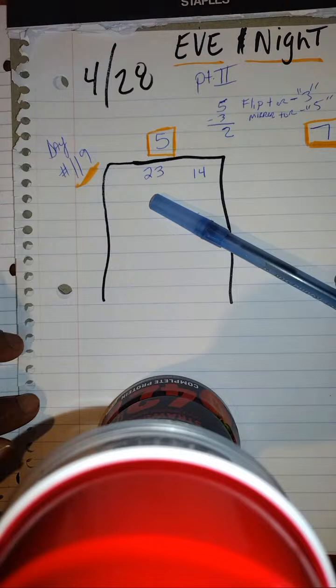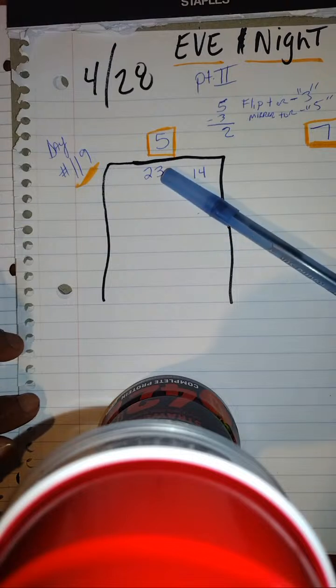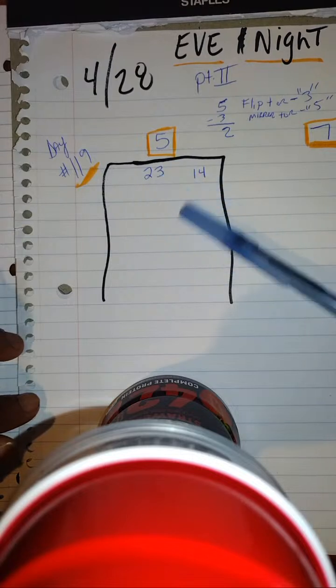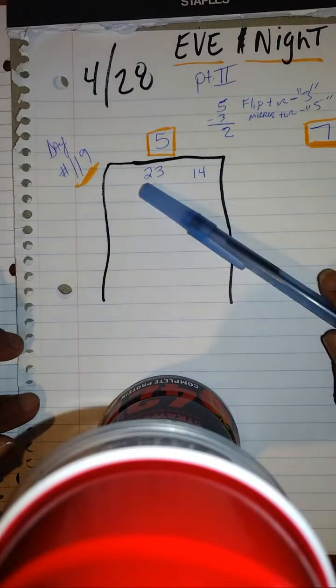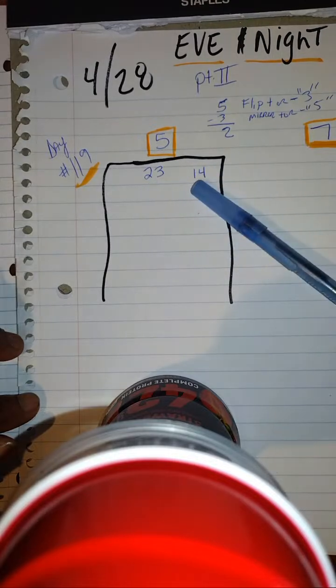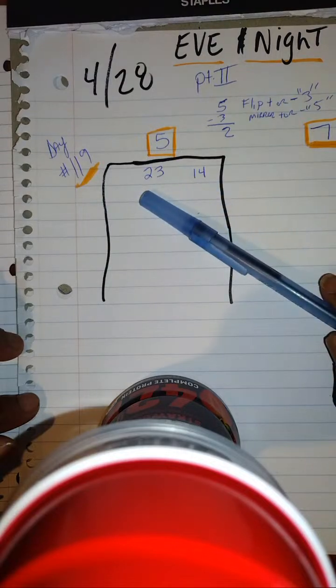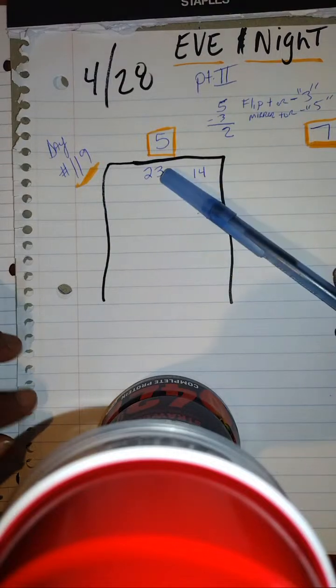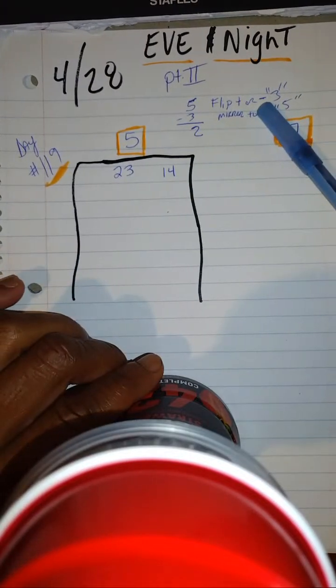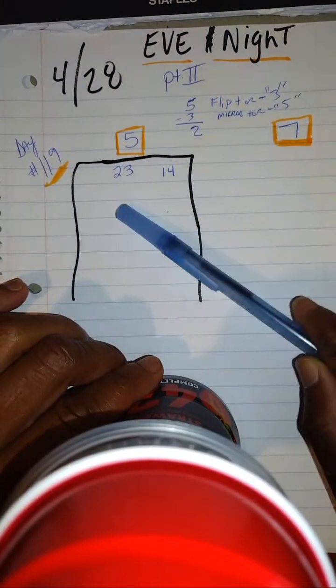Now, let me use the numbers. 2 plus 1, I get a 3. And if I take this 3, I take 3 from it, I get a 0.